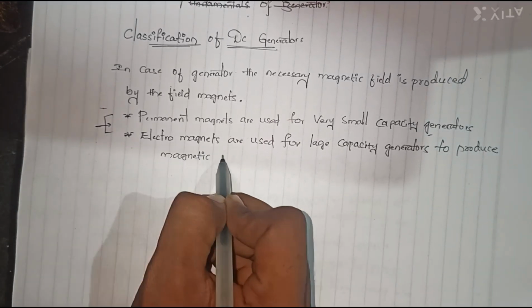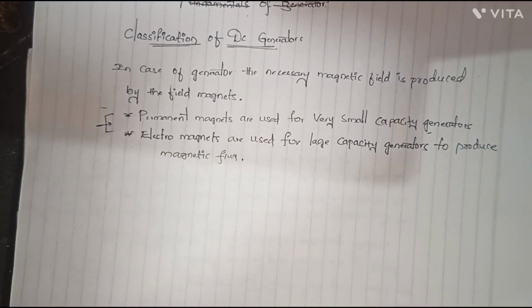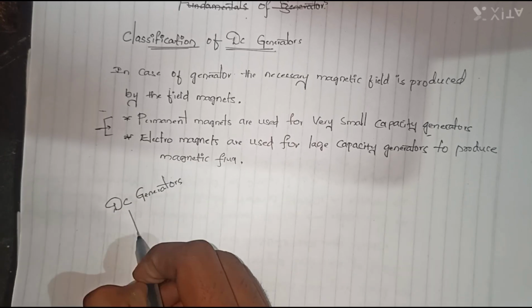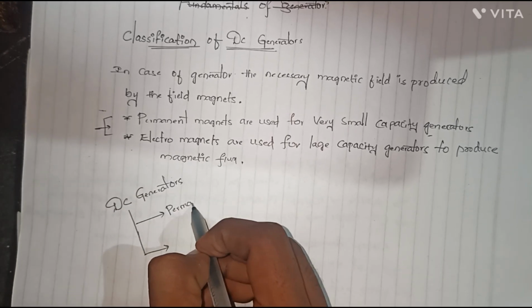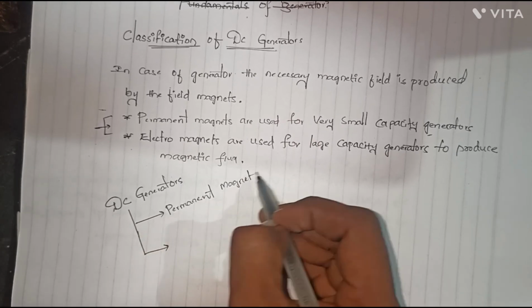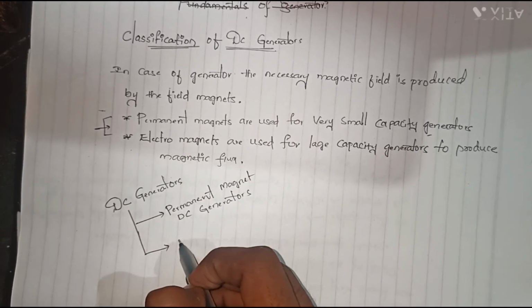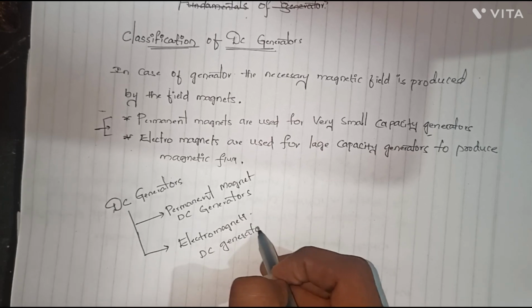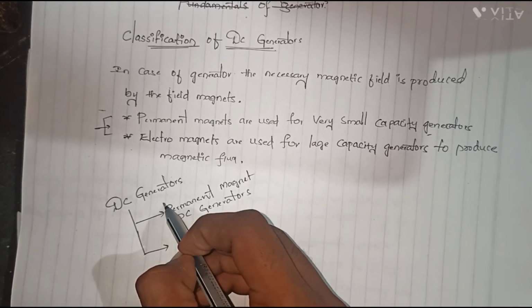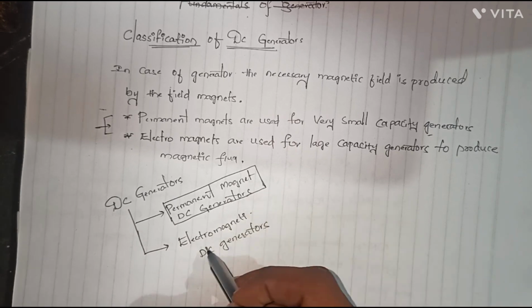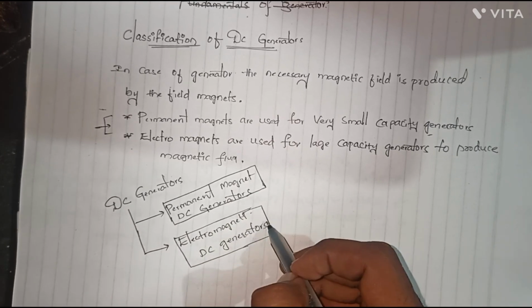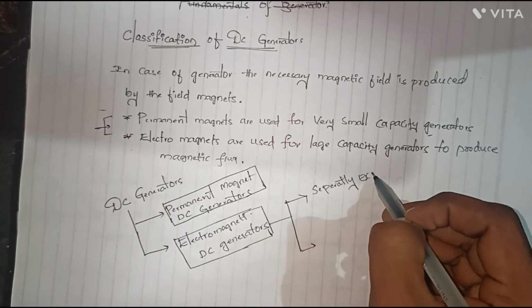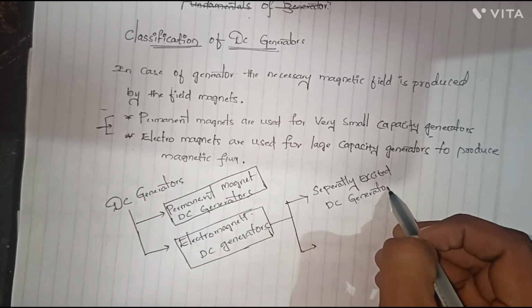The actual classification of DC generators is into two types: permanent magnet DC generators and electromagnet DC generators. Electromagnet DC generators can be classified into two types: separately excited DC generators and self-excited DC generators.